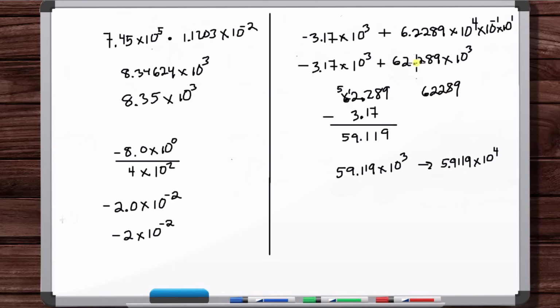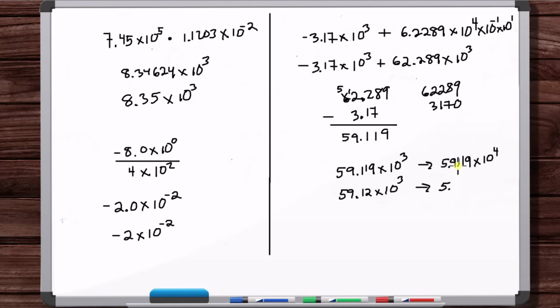When you expand this with the times 10 to the third, and then 3170. This 7 is the tens place, okay? So if we say like 59 we round here, right? We round this 1 up to 2 times 10 to the third. That's the tens place. This is 59120. That's the tens place.